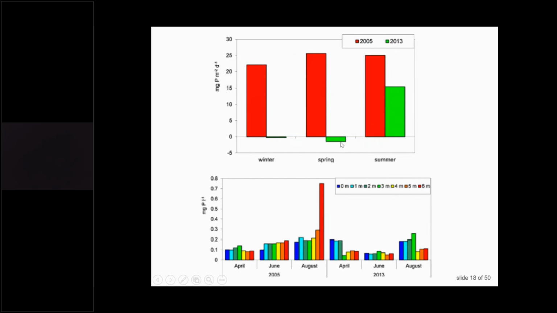And if we look down at the lower figure, these are profiles presented as bar charts from 0 down to 6 meters, for 2005, the no nitrate year, and 2013, the nitrate addition year. And this is concentration in the water. So you can see this concentration building up in the bottom under no nitrate conditions.